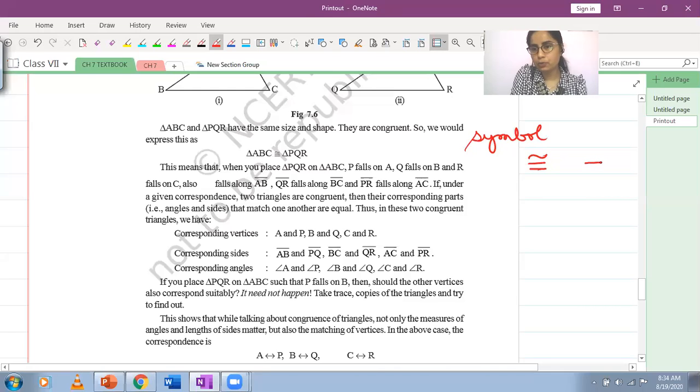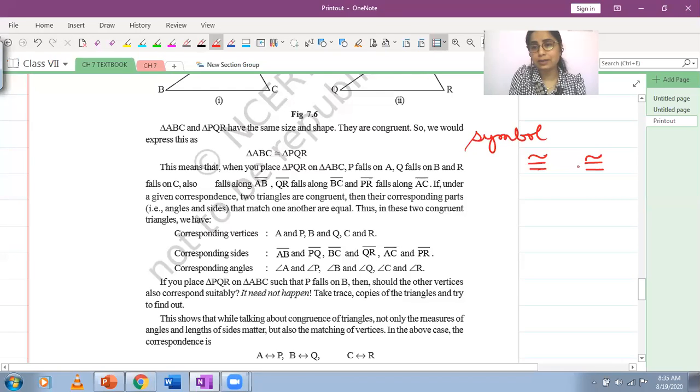This sign is used only when the shapes are congruent, when the size as well as the shape are the same. So you need to put the equals to sign and put this wave sign on top. It might look like the toothpaste ad, like there is a toothbrush underneath and you put toothpaste on top.